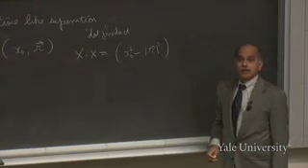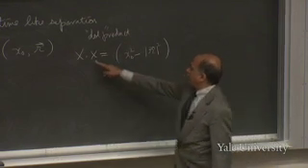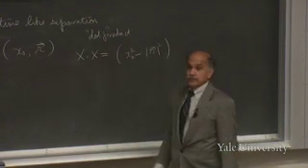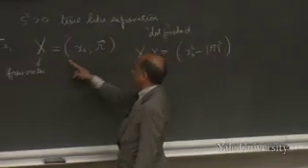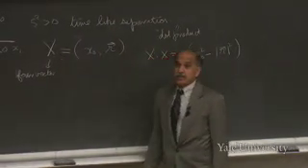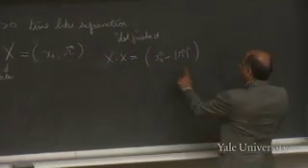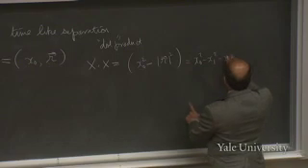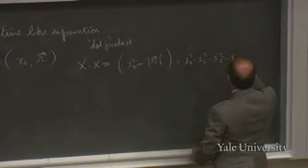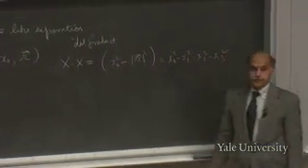Are those all small x's? This is a big X. These are all small. Big X is the name for a vector with 4 components. It's a position vector in space-time. This is the same as writing x0 squared minus x1 squared minus x2 squared minus x3 squared.